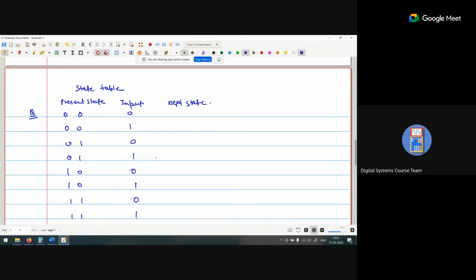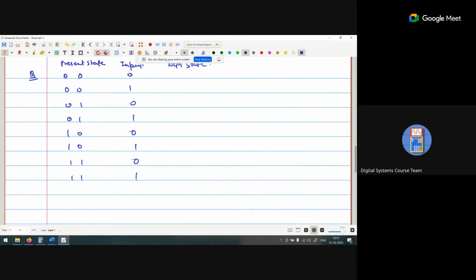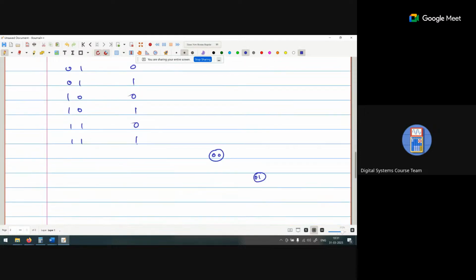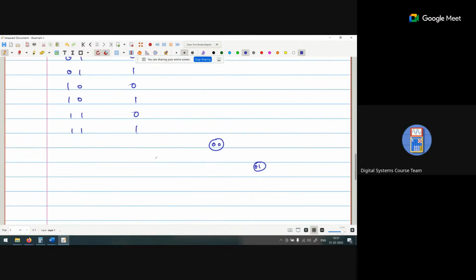In the next state, what we consider is, for example, I just draw one diagram. The states are 0 0, 0 1, 1 0 and 1 1. Four states are available.